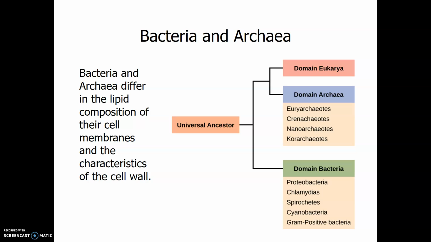But anyway, this is a diagram that classifies the three domains of living things. According to everything that we know in biology, there was a universal ancestor, which was a single-celled prokaryotic organism that gave rise to a prokaryotic organism that evolved into today's bacteria, domain bacteria, and then another prokaryotic organism that gave rise to the first eukaryotic organisms and the first archaea.